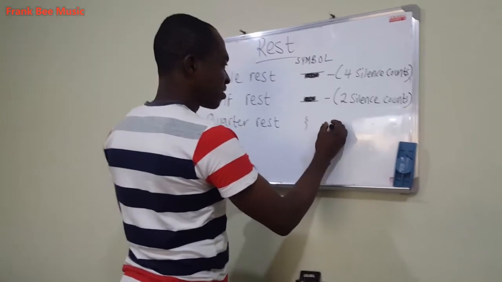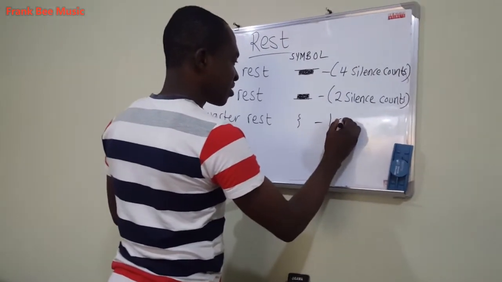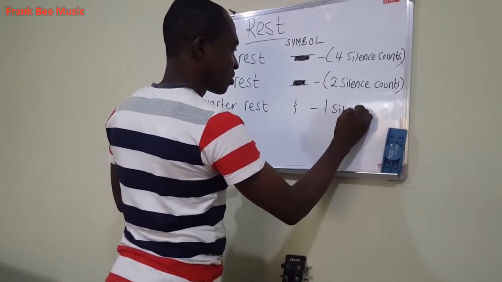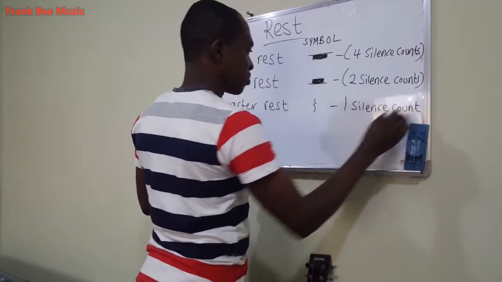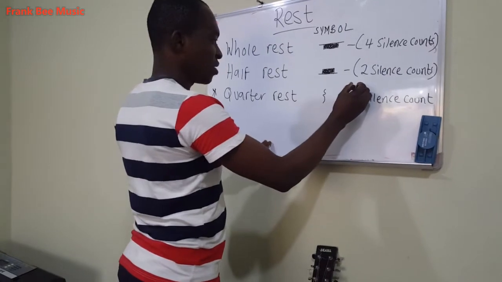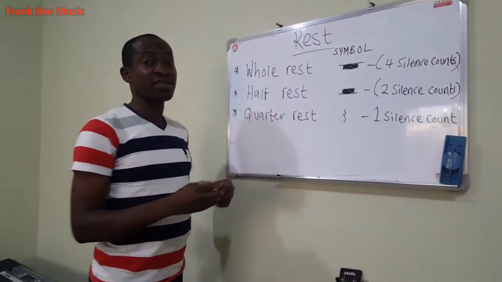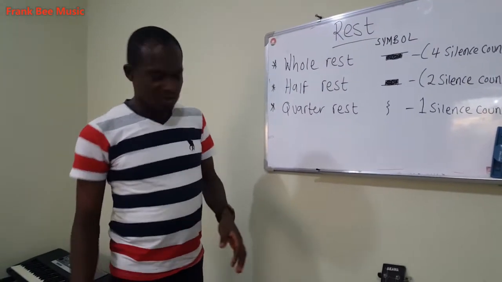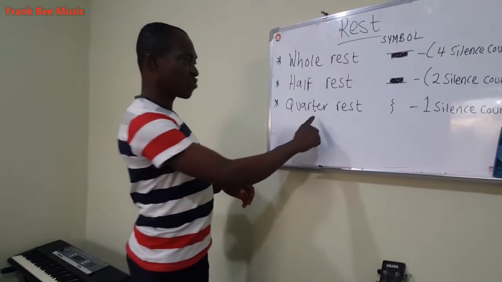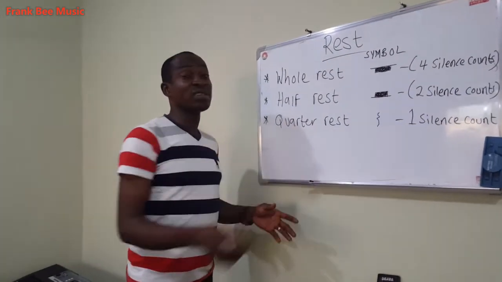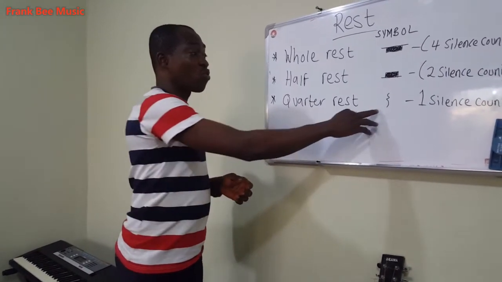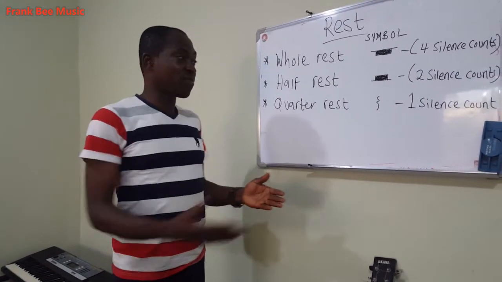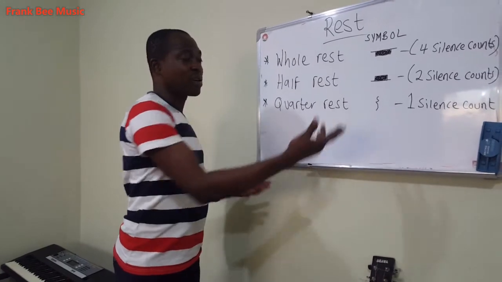And it has one silence count. So upon seeing this rest sign, the quarter rest, it means that you pause the music or stop for 1 count, or rest for 1 count.